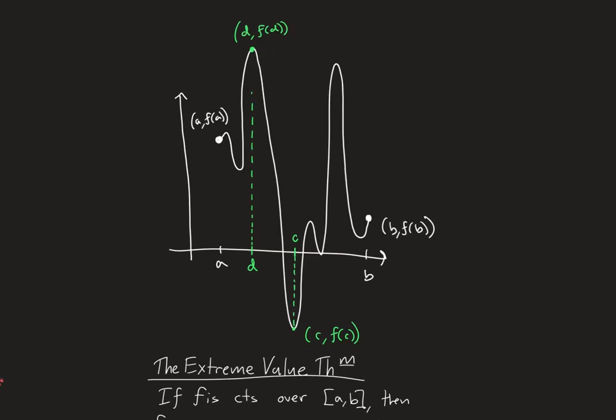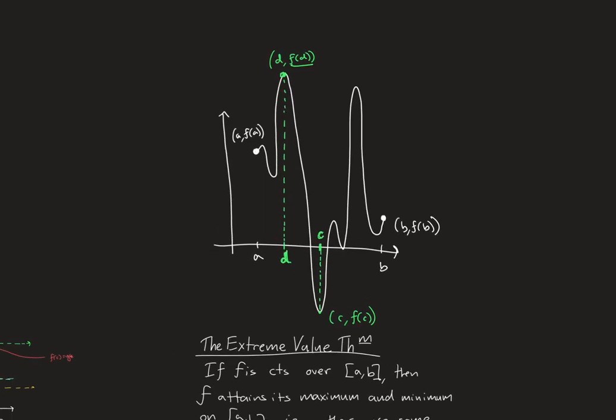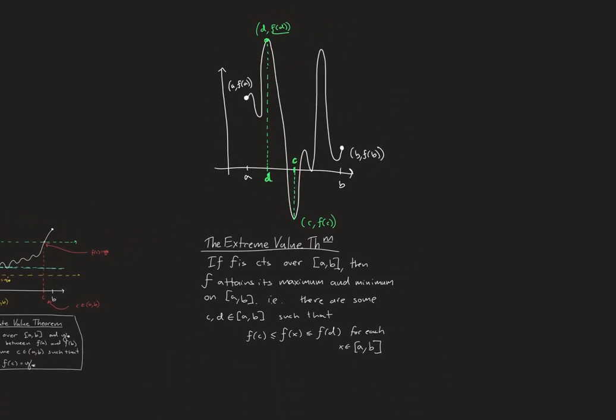It's another existence theorem. It says that these special points, so these x values, this x value D, is such that f of D is bigger than f of x for all other x's in the interval. That's what that says. Let me say it again.